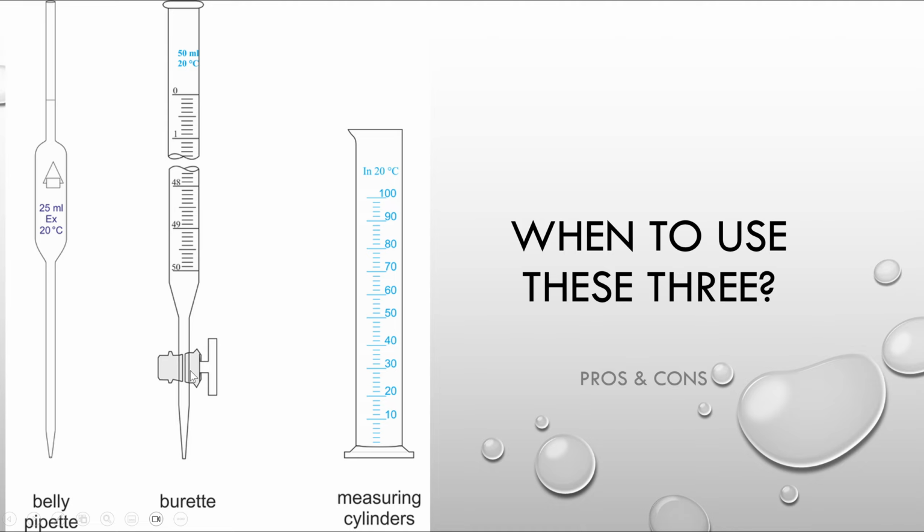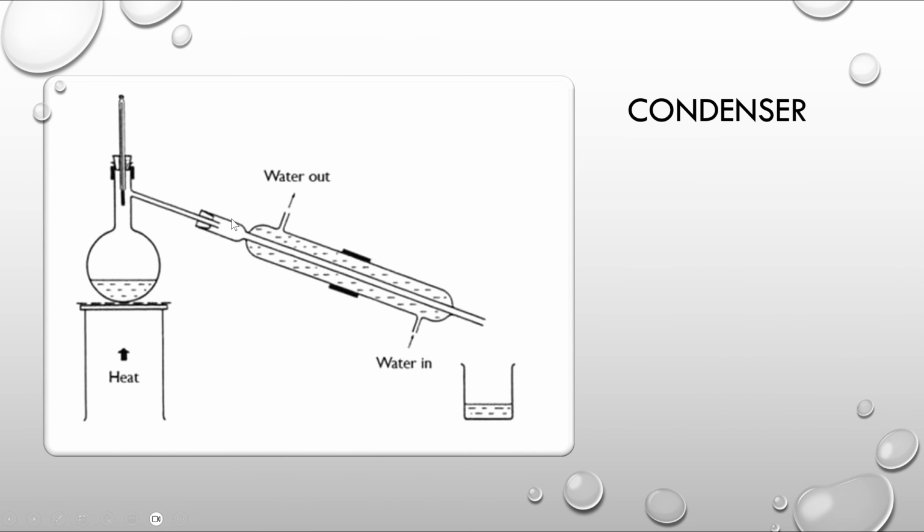And remember that for the burette, the filled up burette has the 0 mark on the top, the 50 on the bottom, because you're supposed to open the tap, let the liquid inside flow, close the tap when the experiment is done, and then you take the measurement from the burette.